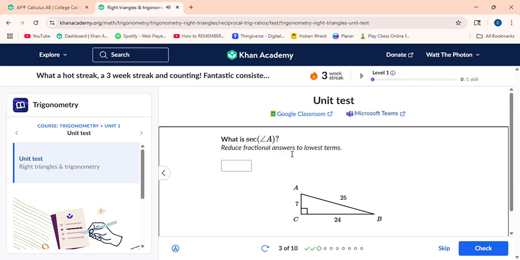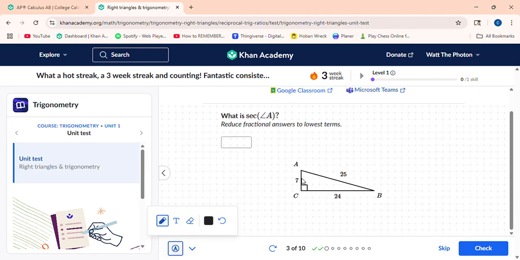What is secant of alpha? So that is the inverse of tan. No. What is secant?